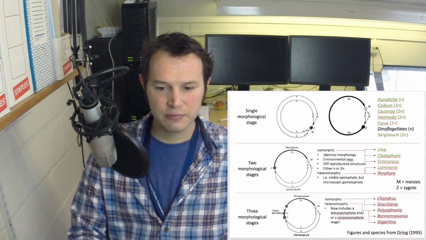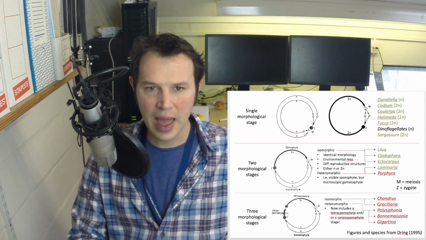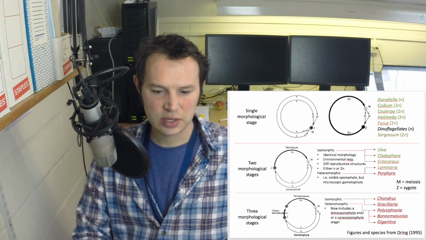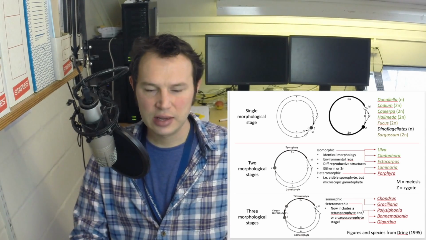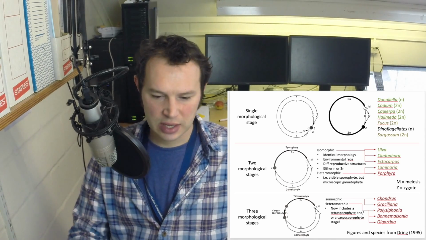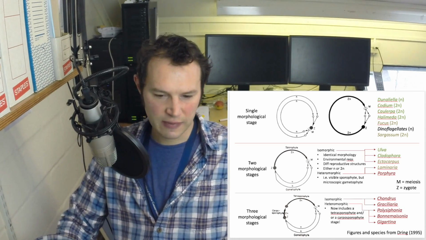The red algae, due to the lack of swimming sperm, have evolved a more complex life history that includes three morphological stages, including a tetrasporophyte, that allows them to maximize the chances of establishment, settlement, and so on, following a single fertilization event.